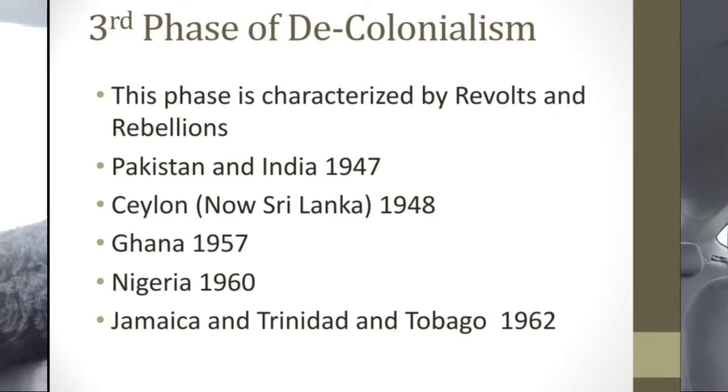But remember, this complete independence came because of the rebellions, the revolts, and the internal spurs that took place in those territories. As a conclusion, Britain had to give them independence. So this was the third phase of the decolonization period.